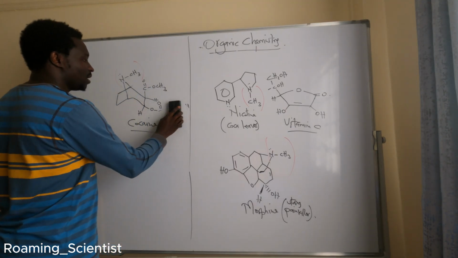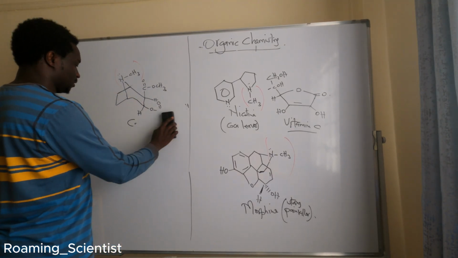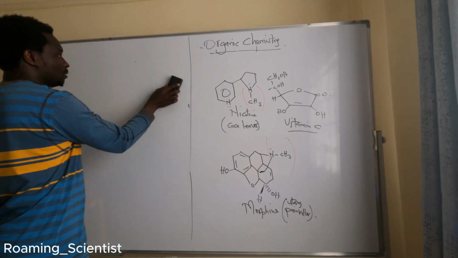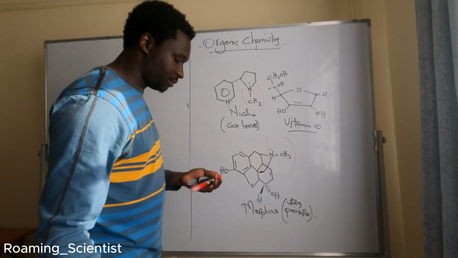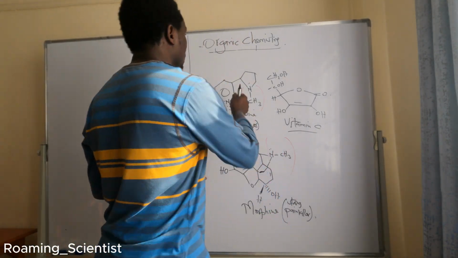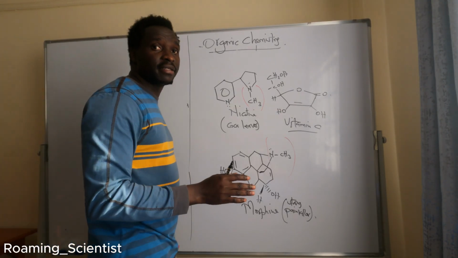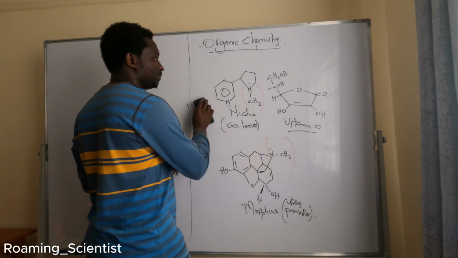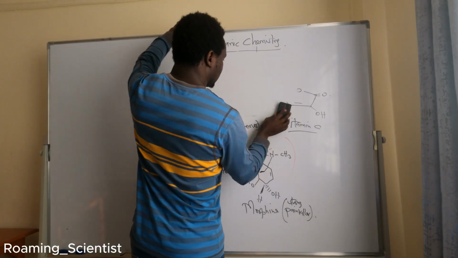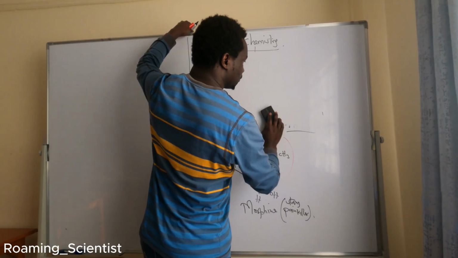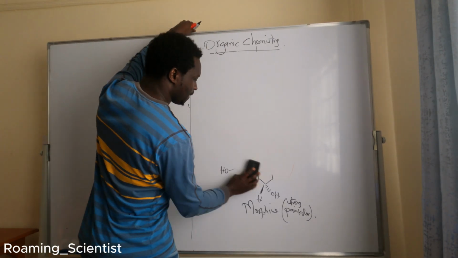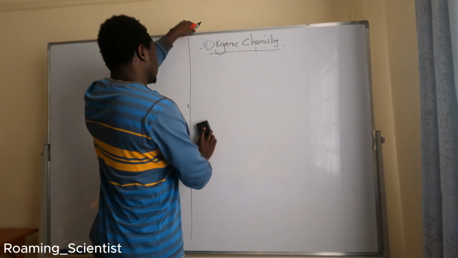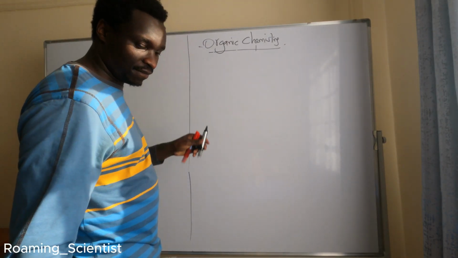So one would want to ask, what is the relationship between organic chemistry and other branches of chemistry, like inorganic chemistry? So let me just talk about this to show you how organic and inorganic chemistry are related.